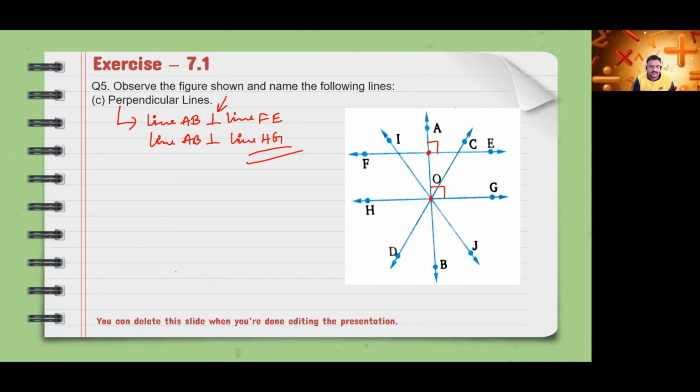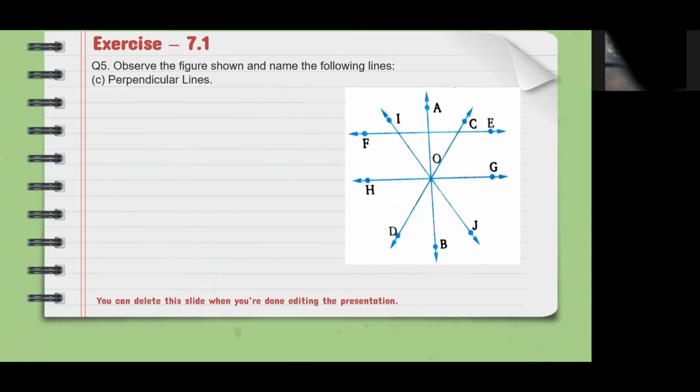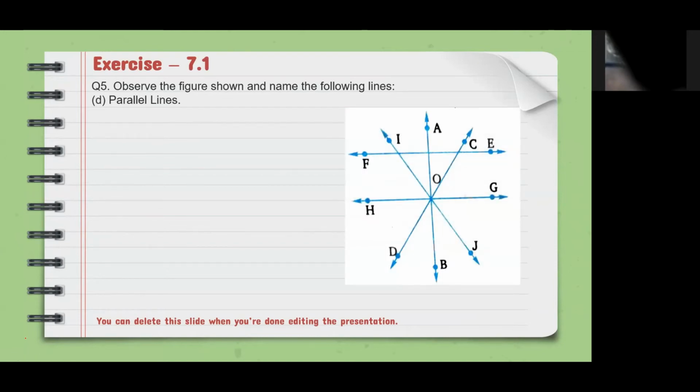Okay. Arush Bangad. Parallel lines. So, sir, in parallel lines, there will be line FE and line HG.